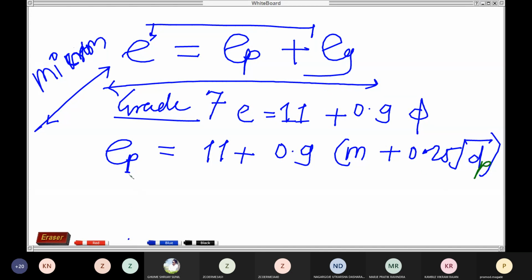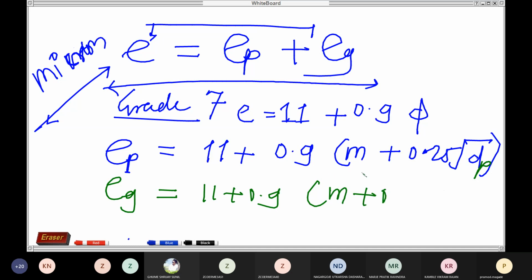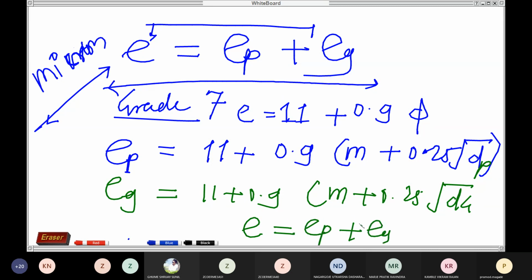This is very important. And error in gear I will have to calculate the same way: 11 plus 0.9 module plus 0.25 under root dg. Whatever the answer comes, it is in micron. So E is equal to that value. I will have to add EP plus EG, and that value I will have to put in the equation of FD.